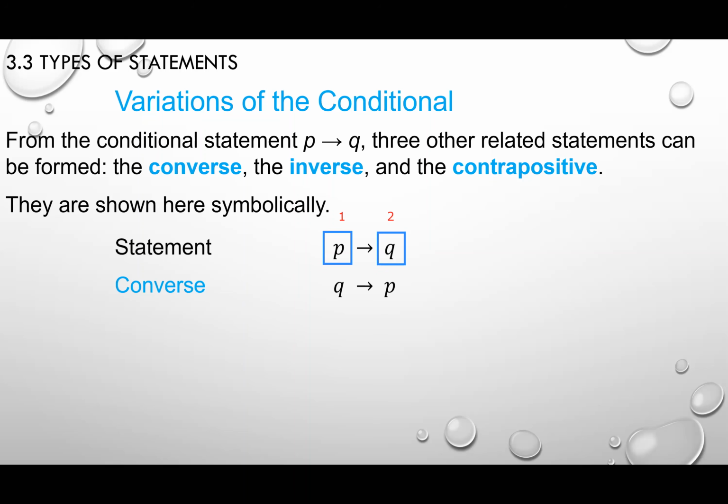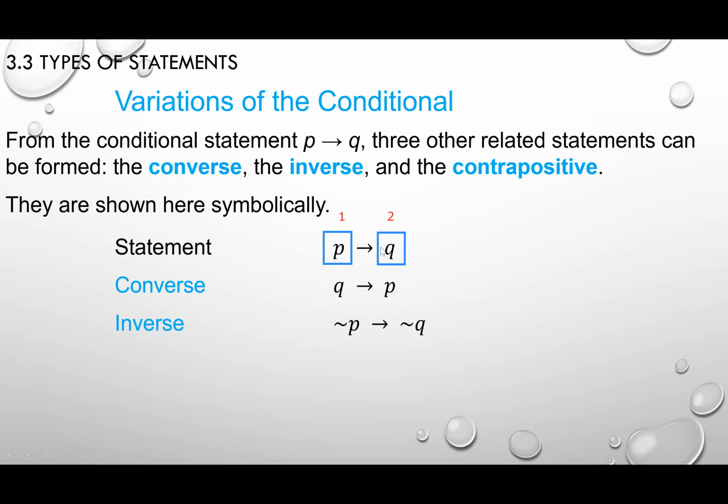Now, what about the inverse? For the inverse, you keep the position the same, P implies Q. The only thing you need to do is negate both of them, the first one and the second one.